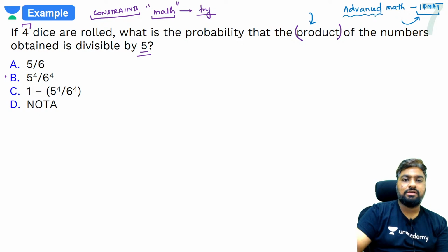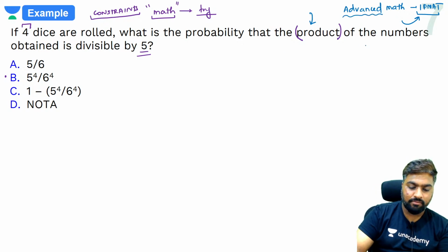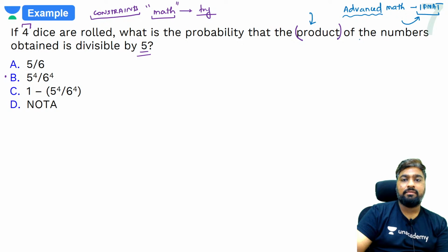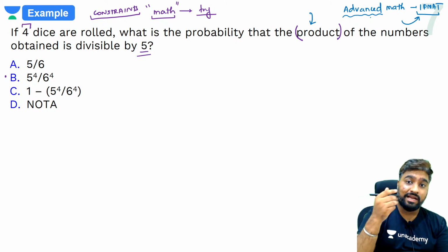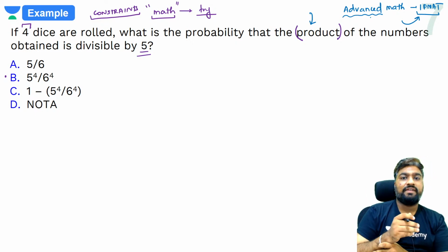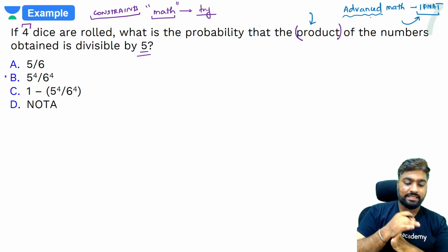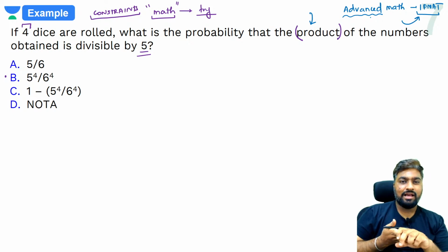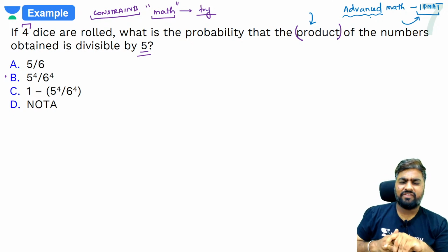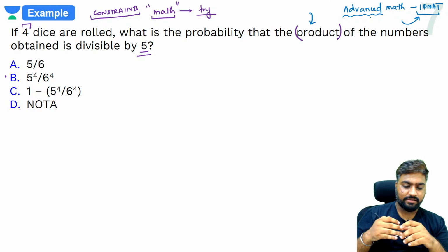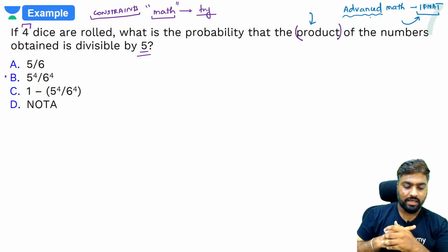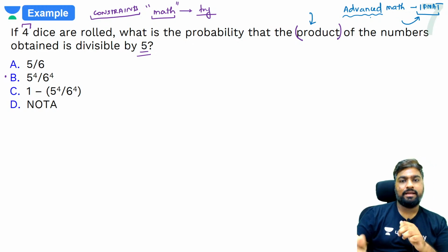From advanced math you will only get PNC and probability most frequently, but if you are talking about differentiability or continuity, all that is advanced math for engineering base. If you have taken science in 11th and 12th, then you see it. Otherwise very rare cases, in fact 0 cases, but okay. Yeah, Anurag, we'll be doing advanced math for IPMAT on YouTube real soon. I'll give you an update on that.